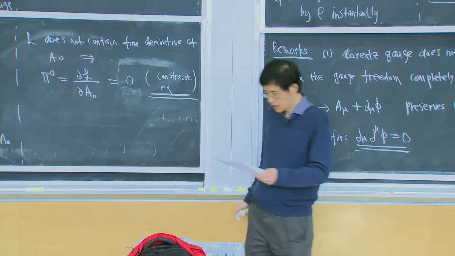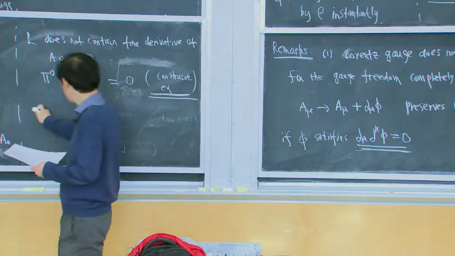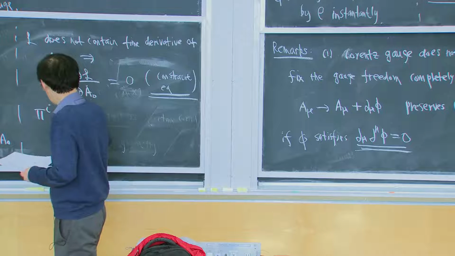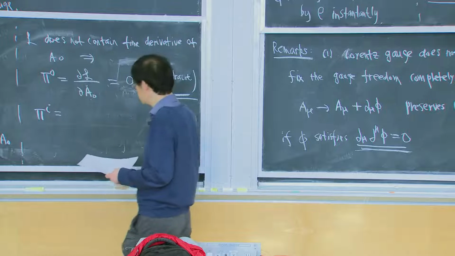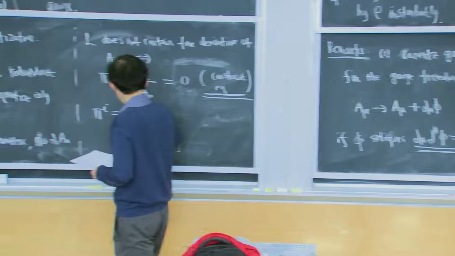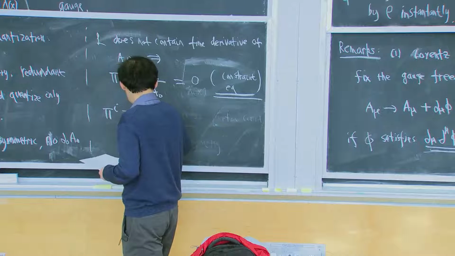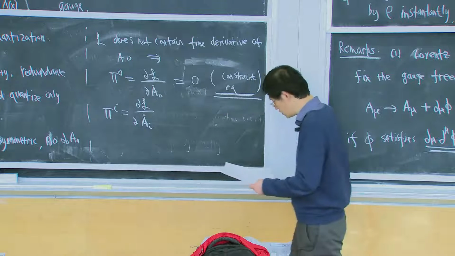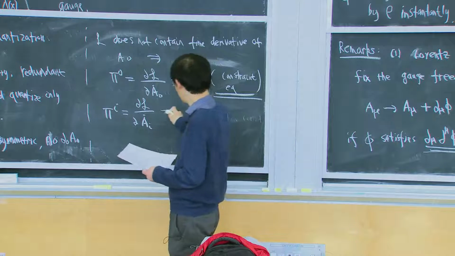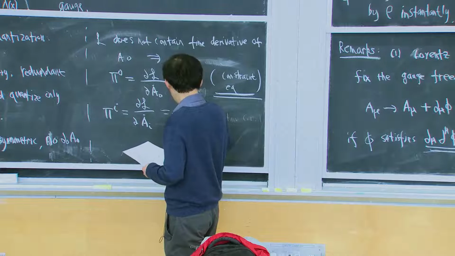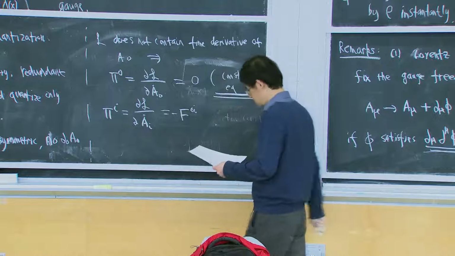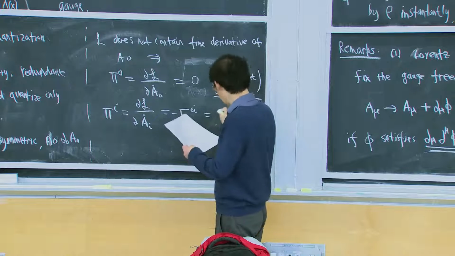Good. And so let me just write down the canonical momentum due to A_i. Then this is A_i dot, where dot is the time derivative. So this corresponds to minus F_0i, and then this gives you just E_i.